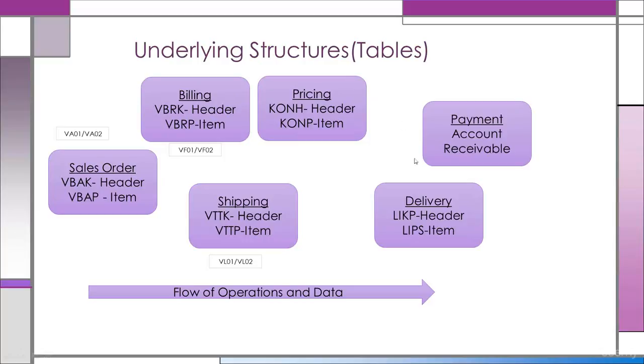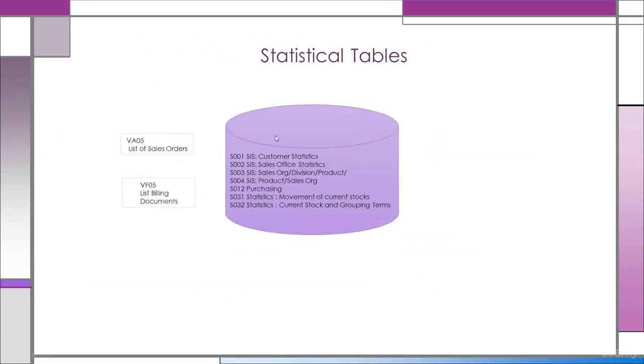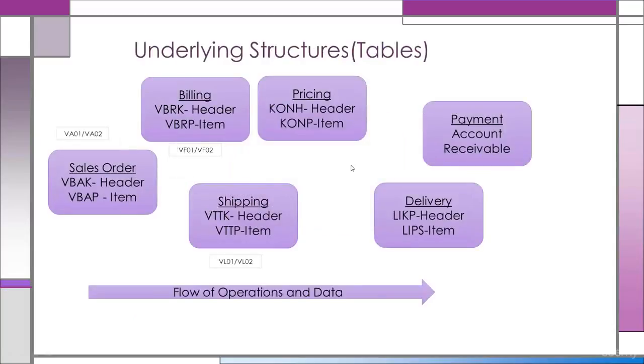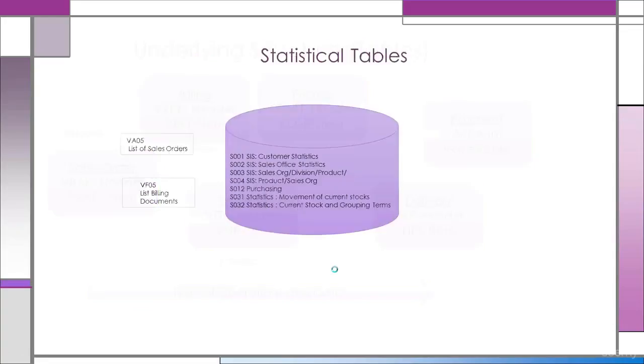One is the table itself, available in the ECC. Also, it's stored in a place called the statistical table. I will explain in a future screen what it does. Whatever information is stored in the different tables is also stored in a statistical table.